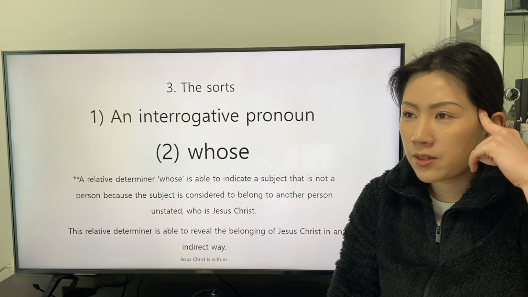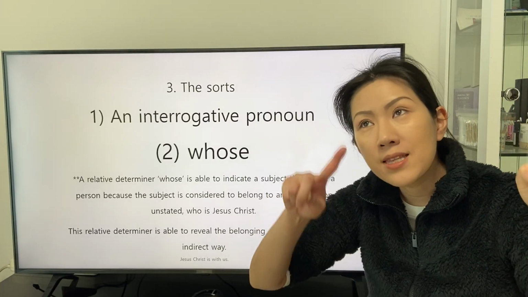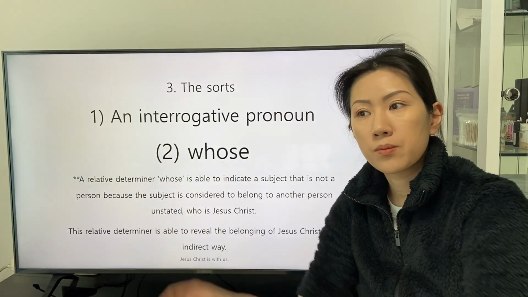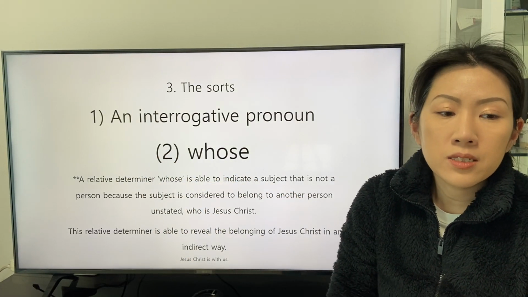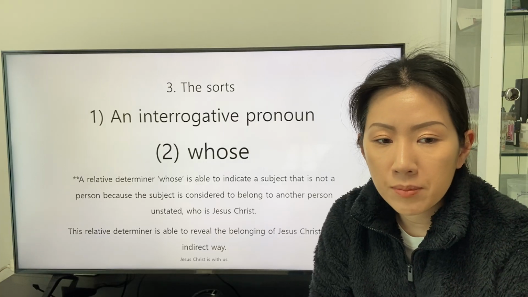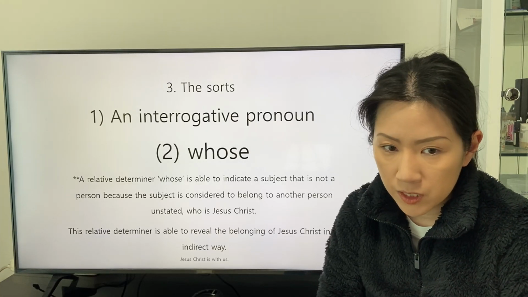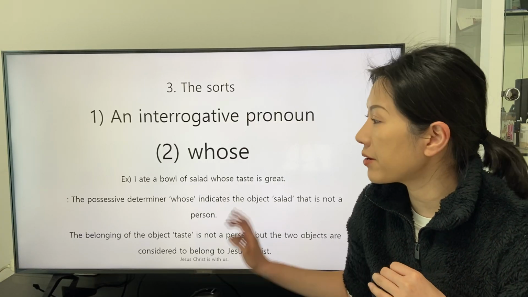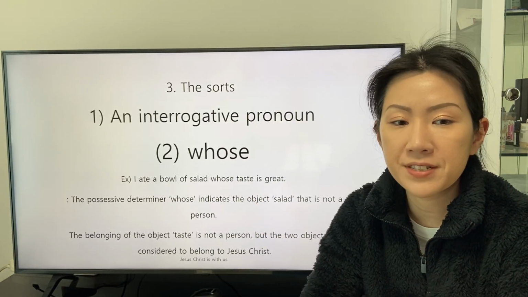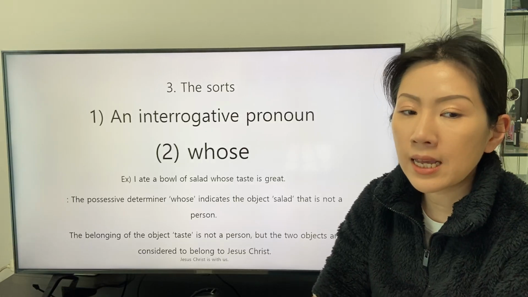So we can understand the relationship of the indirect belonging. This relative determiner whose is able to reveal the belonging of Jesus Christ in an indirect way. There is an example: I ate a bowl of salad whose taste is great.